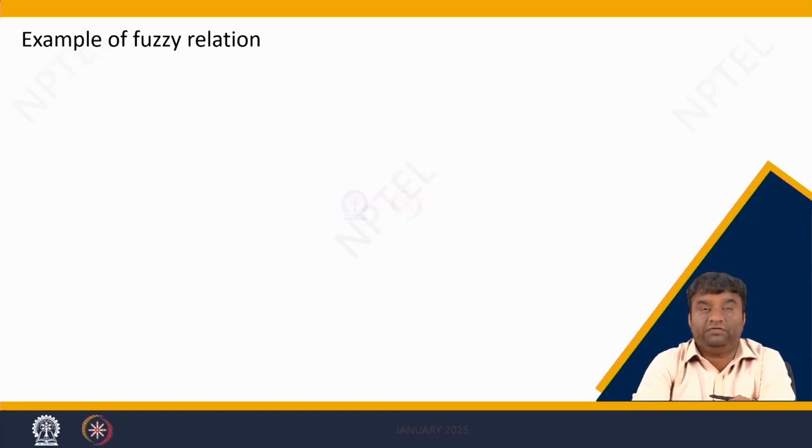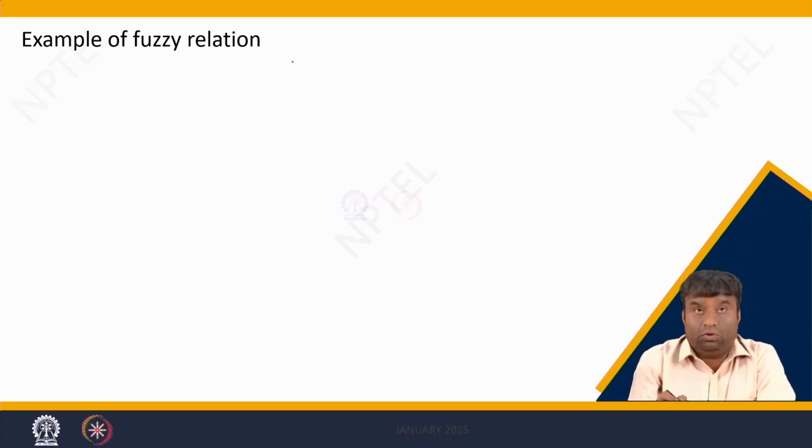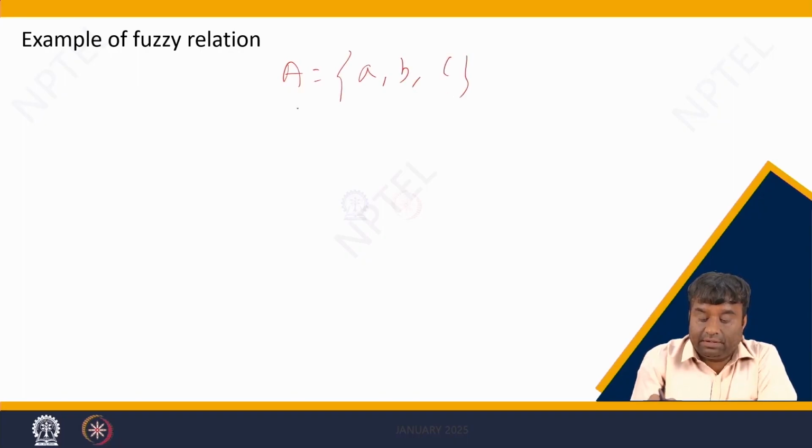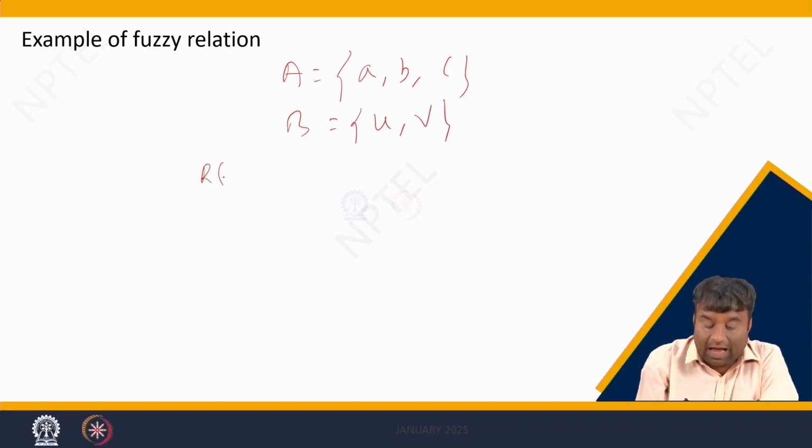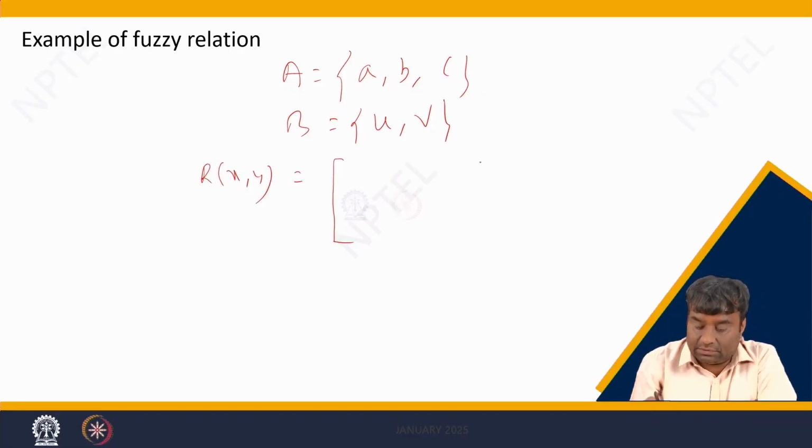Here we define two sets A and B. A has elements a, b, c and B has elements u and v. The relation R(x,y): in the rows we write a, b, c, and in the columns we write u and v.